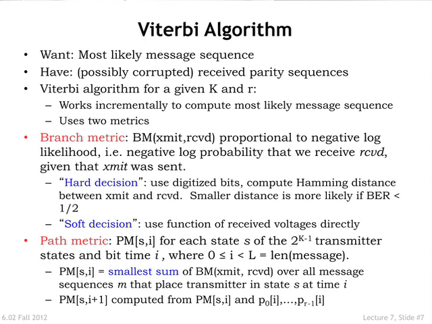And the path metric up to time i is the smallest sum of the branch metrics over all the sequences that will get you to that place. And if you assume you have that at any stage, then the computation that takes you to the next stage is an easy one. I think I've said all this. We can come back to it later.